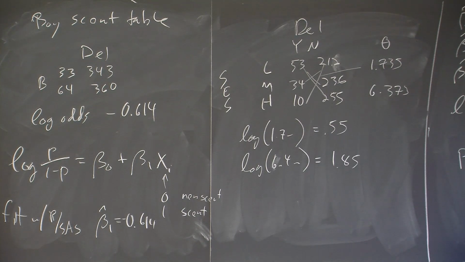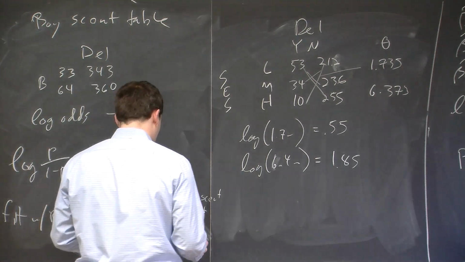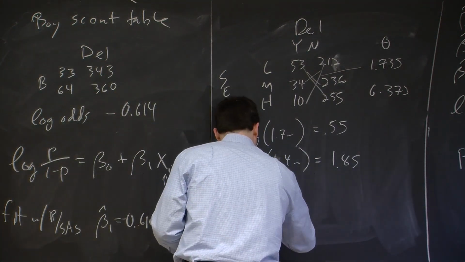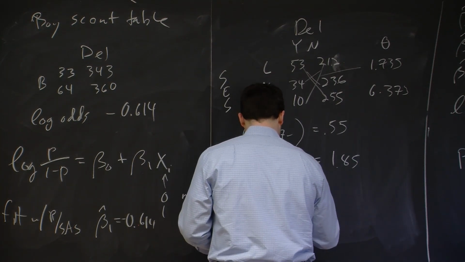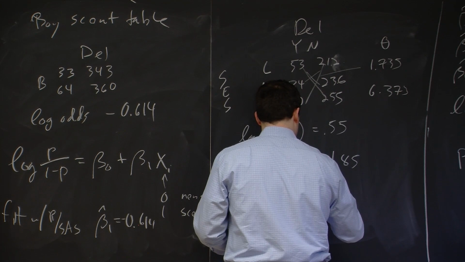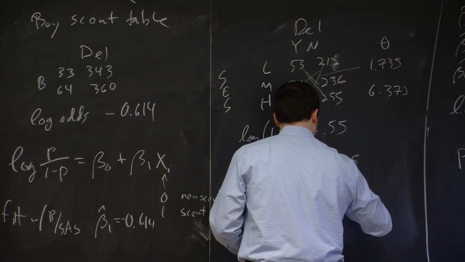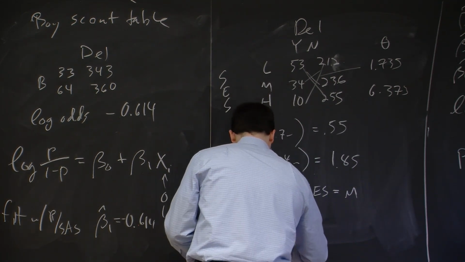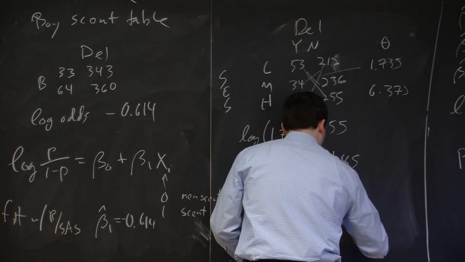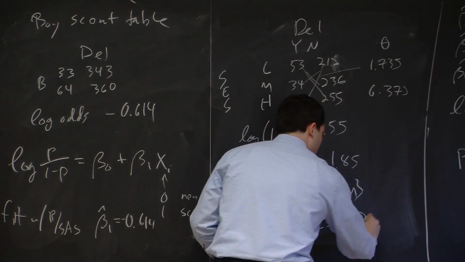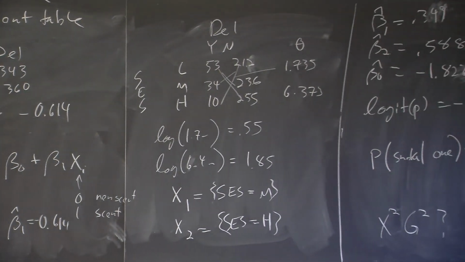So far, nothing new. But then to do the logistic regression, we're using, again, this sort of dummy variable system. So we have new dummy variables. X1 is SES equals M, and X2 is the event SES equals high. So these are indicator variables for these events in probability space.